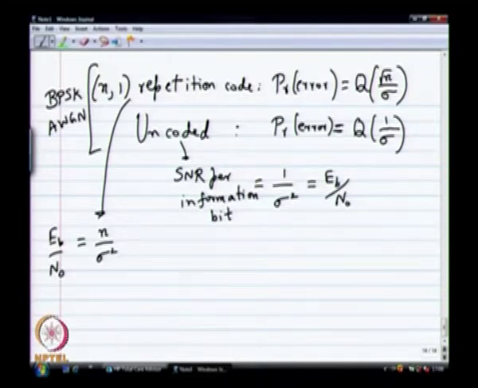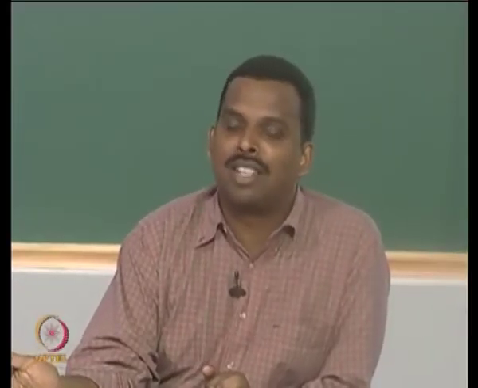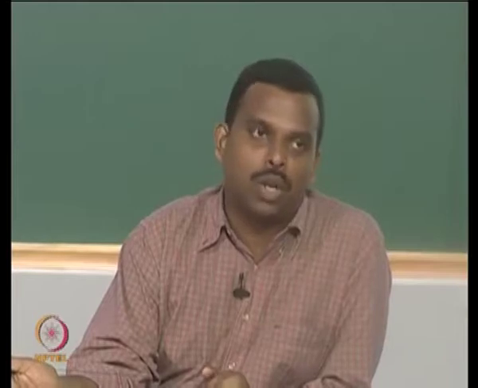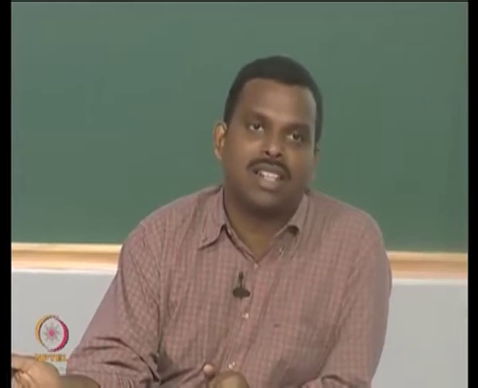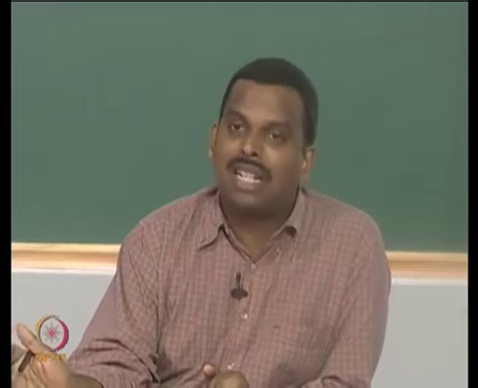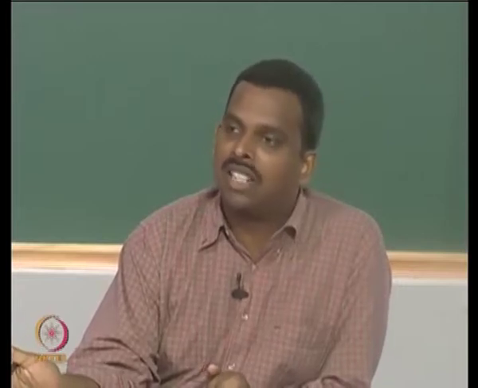For the same SNR per information bit, you get the same probability of error whether or not you do repetition coding. If energy per bit does not matter, and what matters is only energy per symbol, then you will get a big benefit by repetition code.